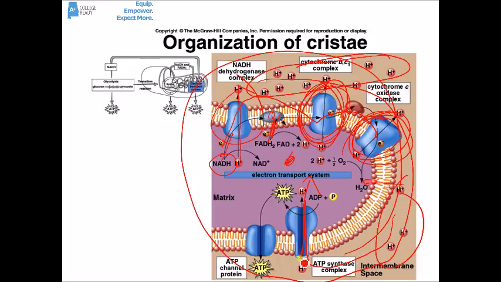And as they shoot in, their kinetic energy is used by that enzyme to phosphorylate ADP to make lots and lots of ATP. That makes most of the ATP that our body uses. Finally, oxygen gas will go to this last cytochrome, remove those electrons, act as the final electron acceptor, and form water. And that's aerobic cell respiration.